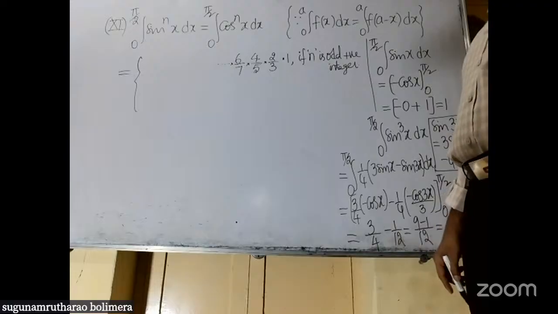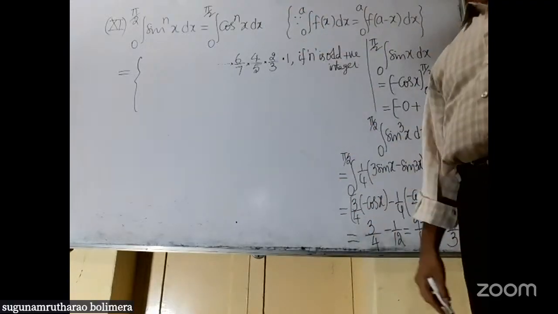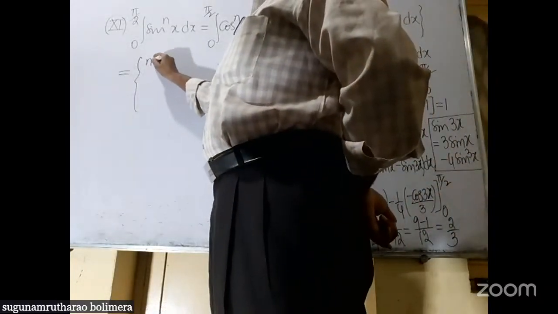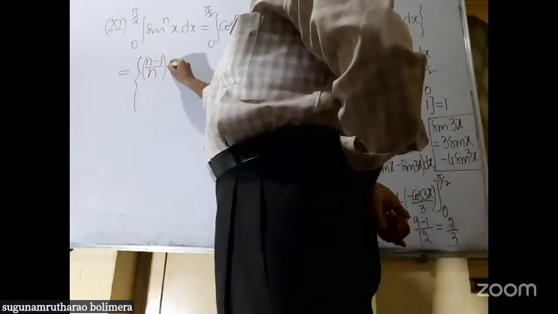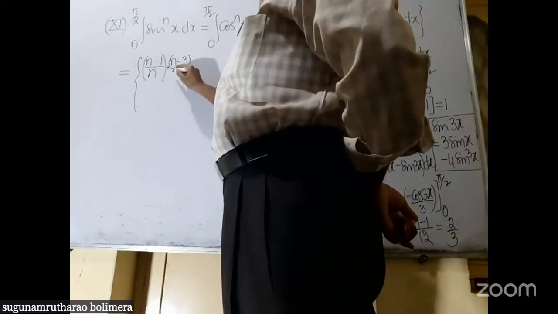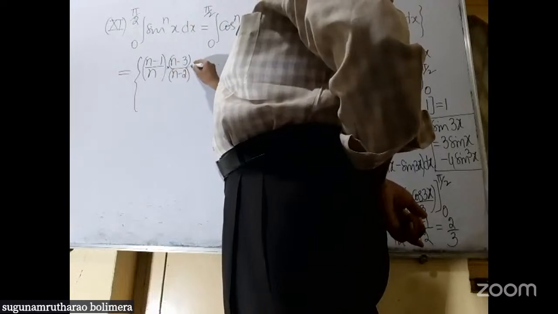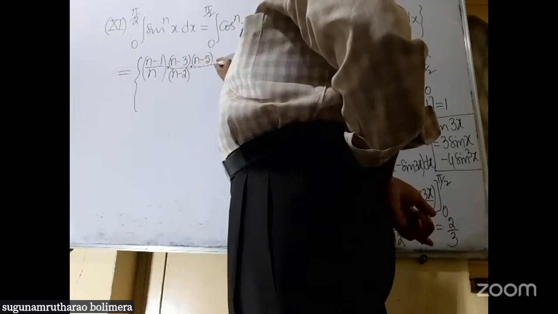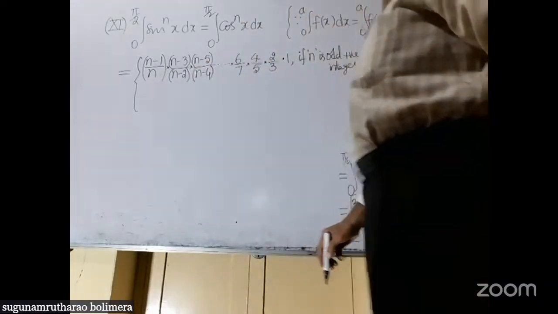We had given sin power n or cos power n. So what you can write is n minus 1 by n into n minus 3 by n minus 2 into n minus 5 by n minus 4. So this is the thing.